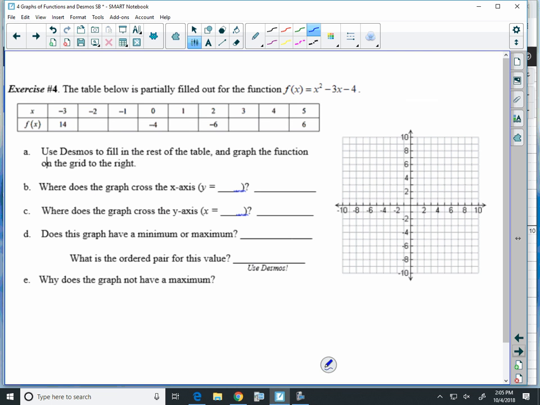All right, probably one of my favorite features of Desmos is the fact that you can get any point that you want on a graph in like 2 seconds. And I'm going to show you how to do that. So what you're going to do is go ahead and go into Desmos, and you're going to type in this equation. So I just delete what you have and put this equation in right here. This is the one that's going to go in Desmos.